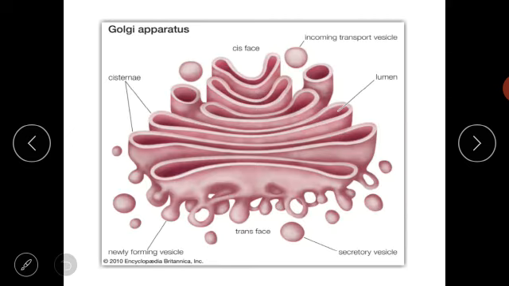Here you can see the image of the Golgi apparatus. It is also a flattened sac-like structure, a bunch of sac-like structures parallel to each other and closely arranged, and as you can see, it produces the secretory vesicle.